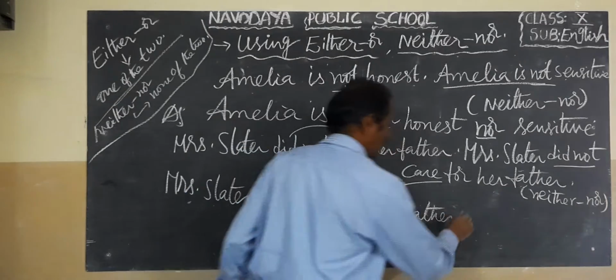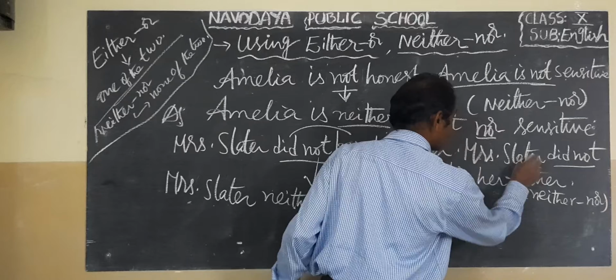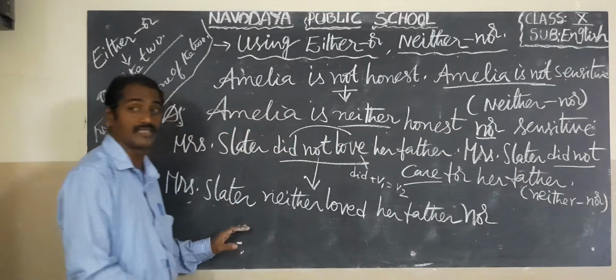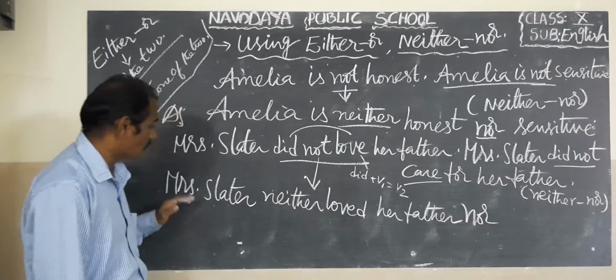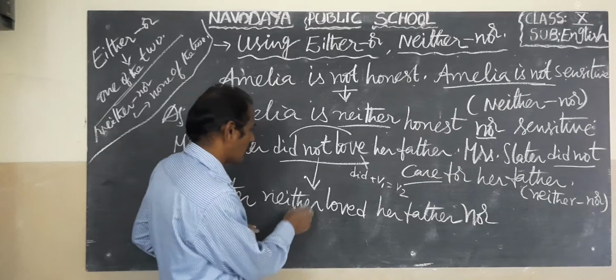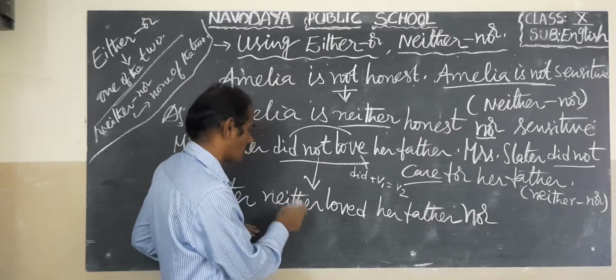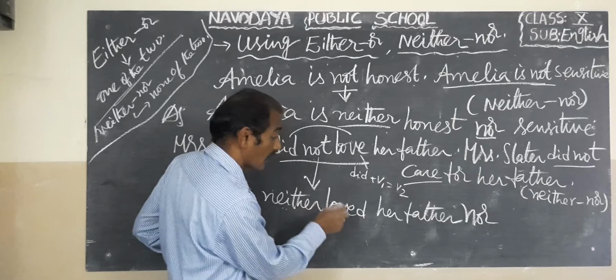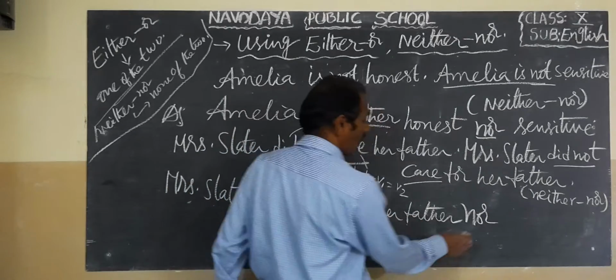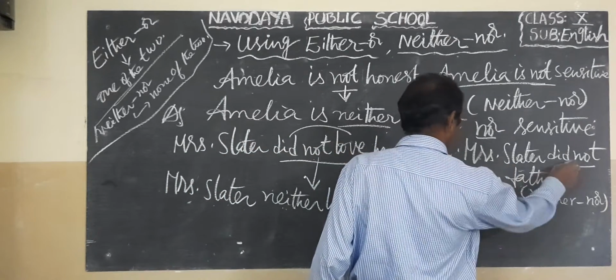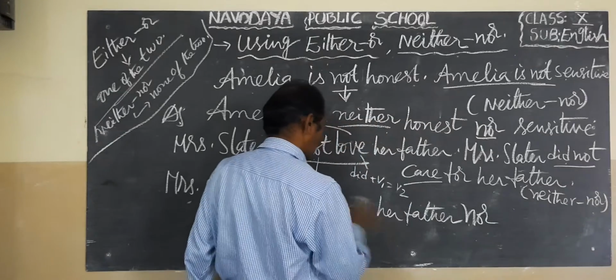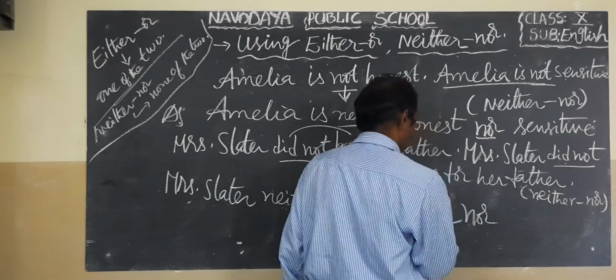Okay children, next conjunction nor. Now, Mrs. Slater is not needed because the subject is already given. So Mrs. Slater neither loved her father nor, the conjunction. In the place of did not, we should write neither.